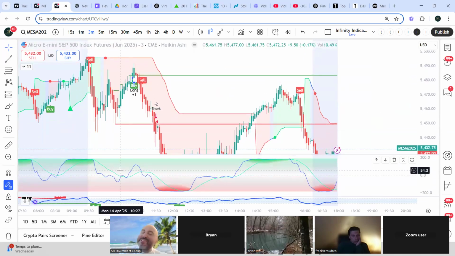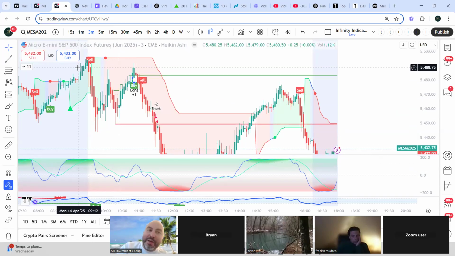I like to use a secondary indicator as well to give me a better setup, more confirmation. Granted, the infinity indicator is a combination of a few different indicators, so you could use it on its own.